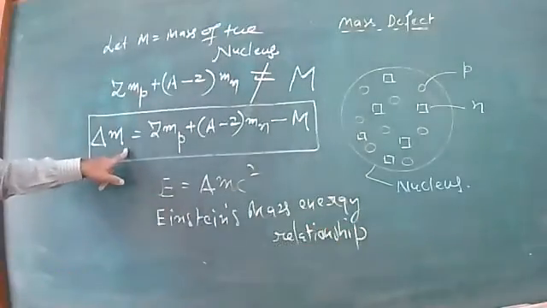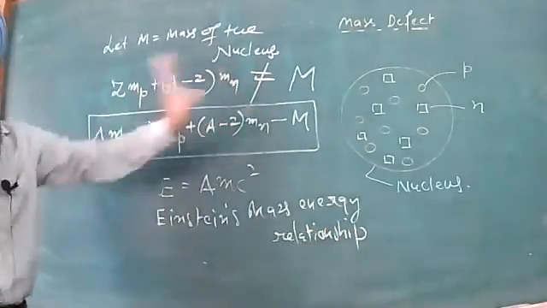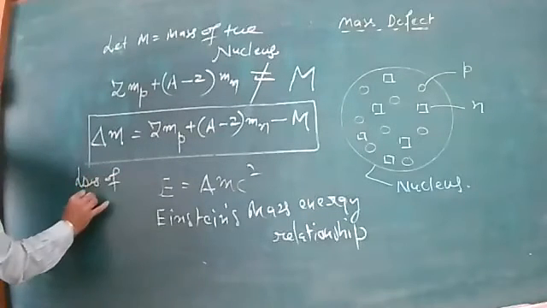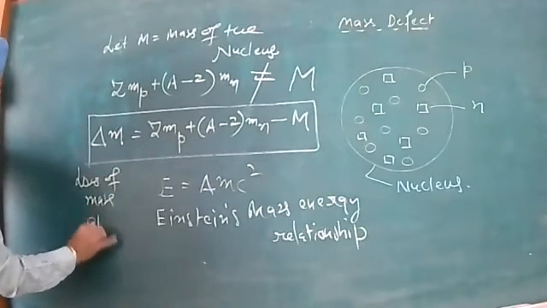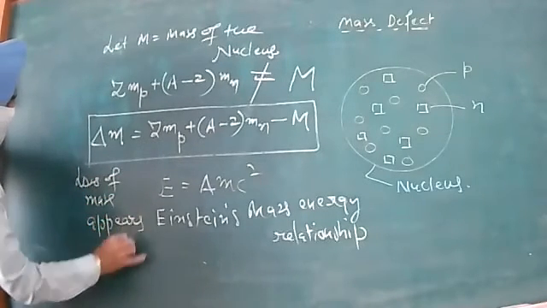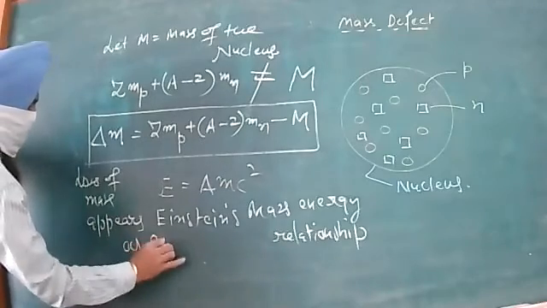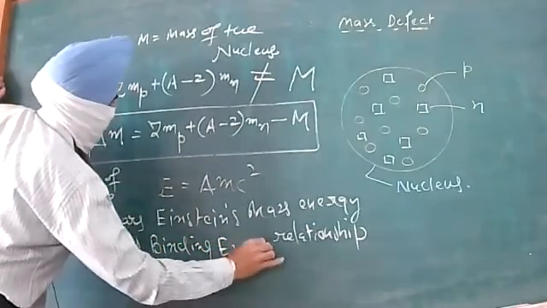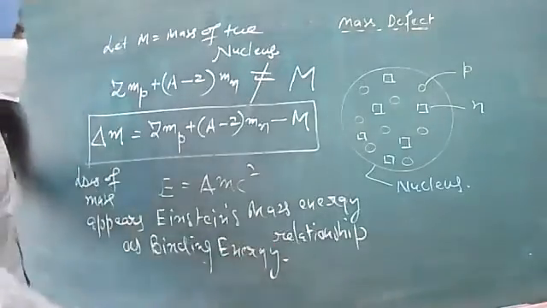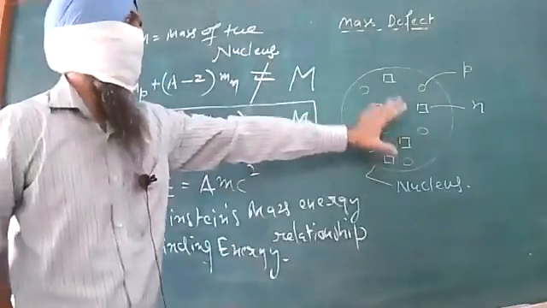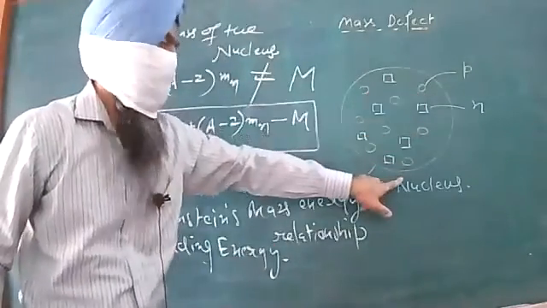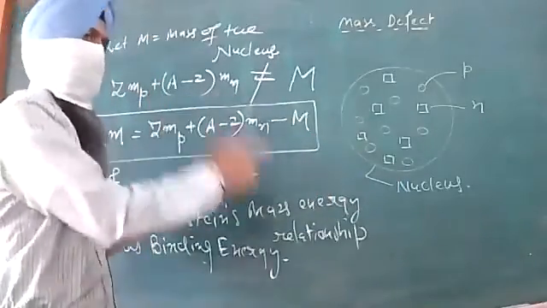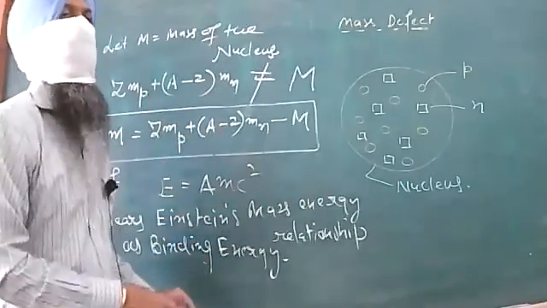Here, this loss of mass appears as binding energy. So mass defect is nothing but the difference in the masses of the nucleus and the total mass of all the nucleons when these are not packed.